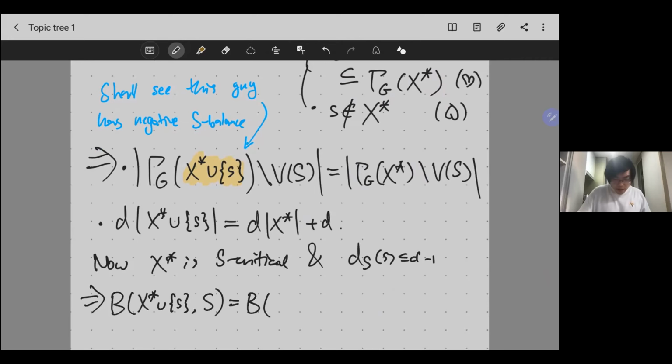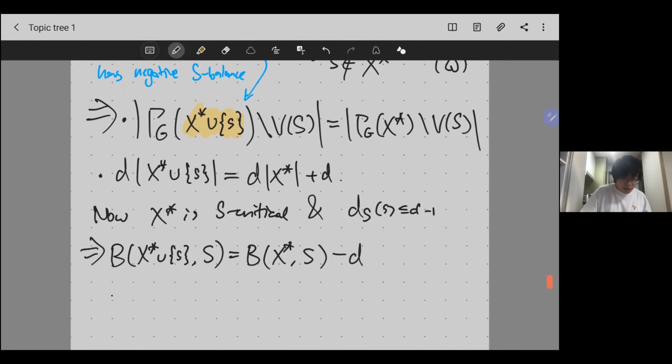If you compare it to X star's balance with respect to S, the difference is that the first terms are the same, so this cancels out. The second term differs by a D, so let me write minus D, that's the first term in the second term. Then you look at the degree sum difference.